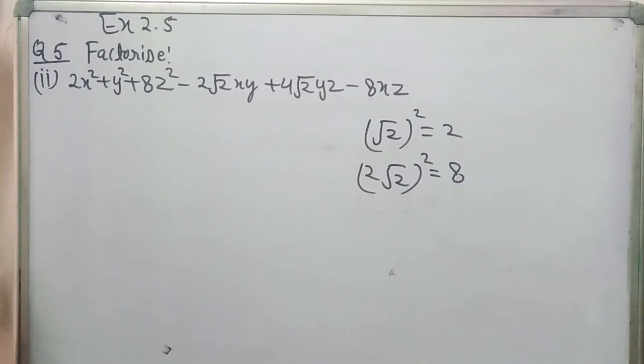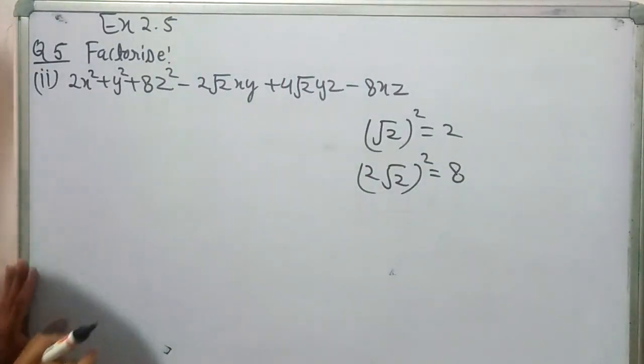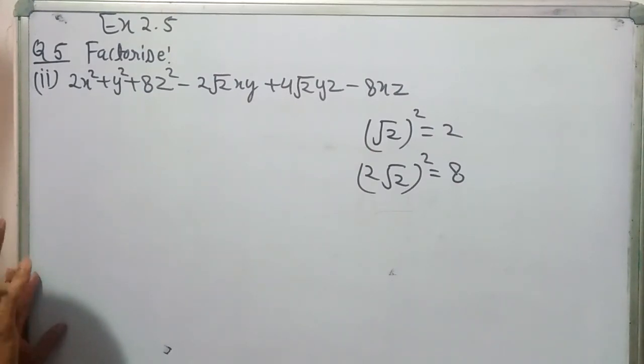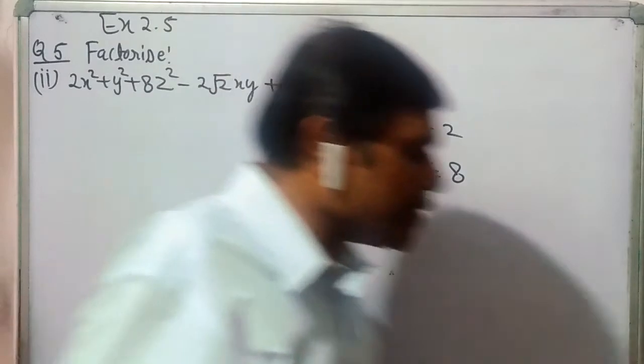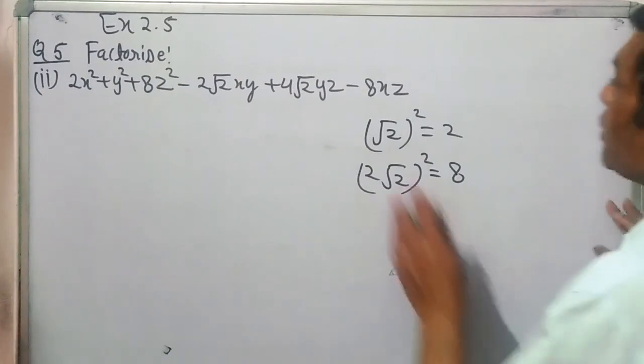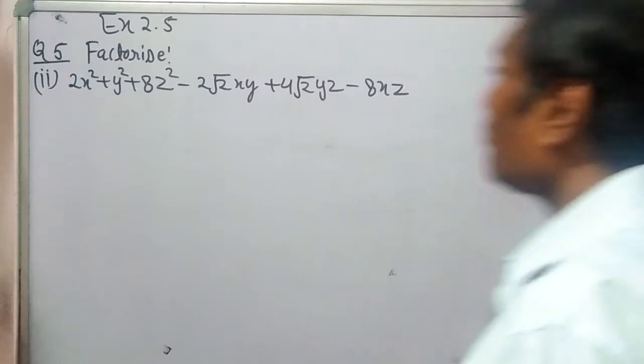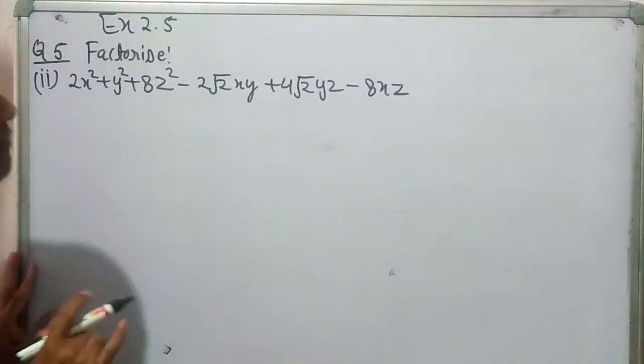So what we can say, the variable x term should be negative, rest of them should be positive, and identity x plus y plus z whole square should be utilized. So let us put it in the standard form.